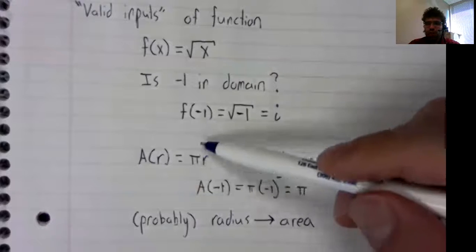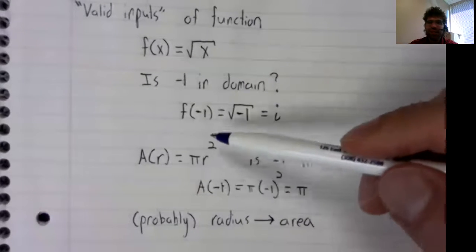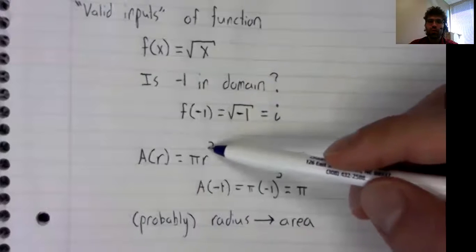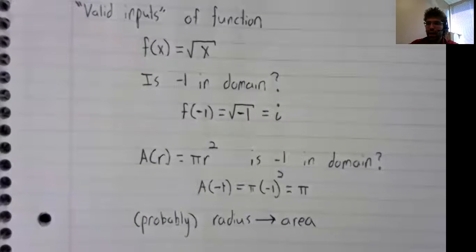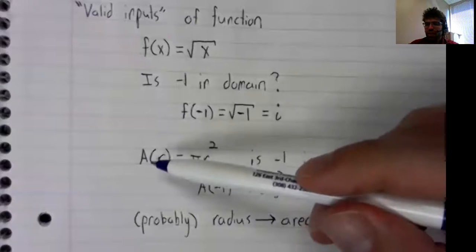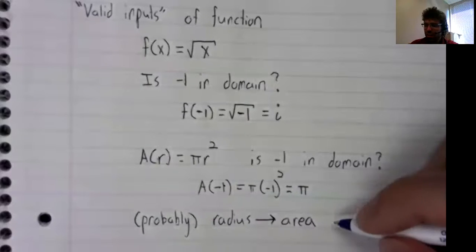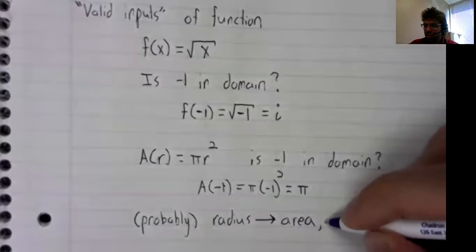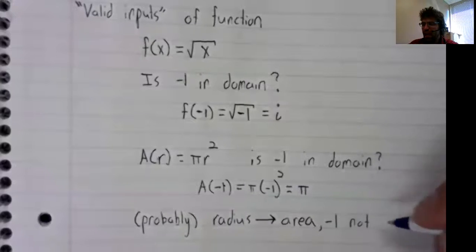I mean, it could just be a purely meaningless abstract formula, but it sure doesn't seem that way. And if this is the area function, then suddenly -1 is out of the domain.